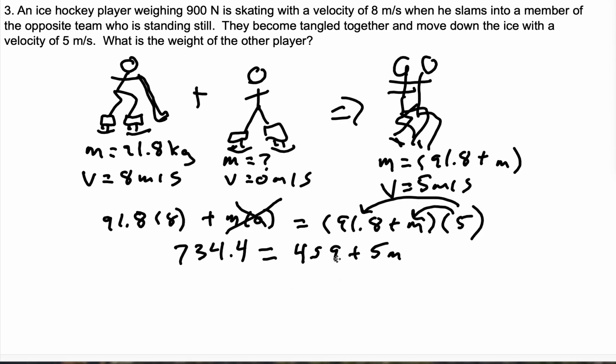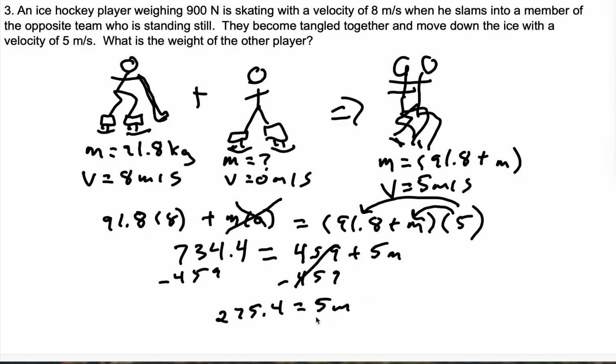So the hardest part of this problem, besides just writing out the scenario, would be the math part of it. I've got to get rid of this 459. It's being added, so I'm going to subtract it from both sides. And 734.4 minus 459, what does that equal? 275.4. So that equals 5m, right?